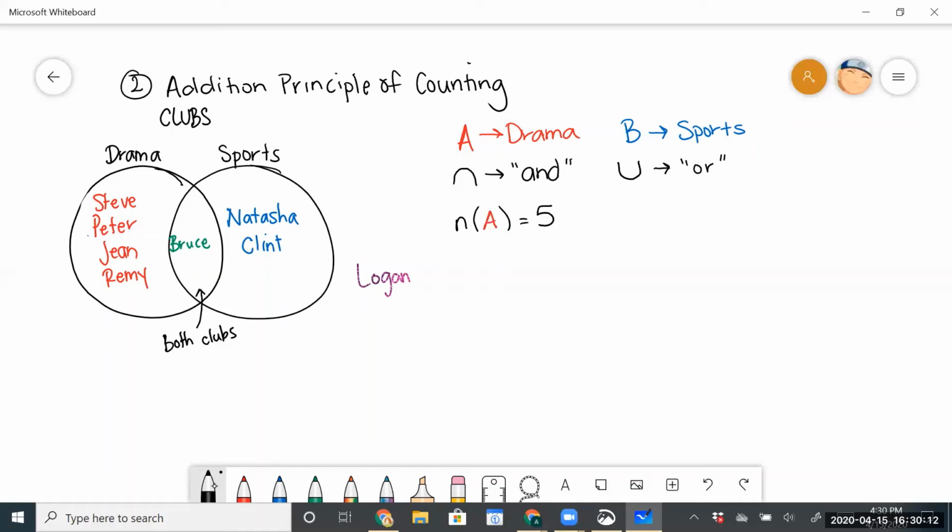I've got 5 people in group A, specifically Steve, Peter, Jean, Remy, and Bruce.